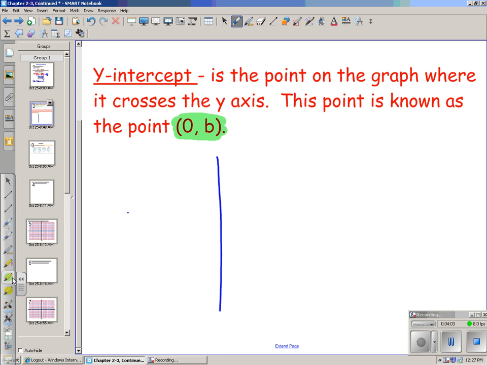Well, because if it's crossing the y-axis, what do all these points on the y-axis have in common? All the x's are 0. What changes is the y value. Do we all understand that? So x is 0 all the time for the y-intercept. Any questions over that? Okay. Next.